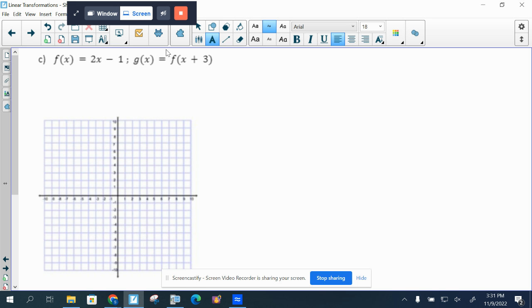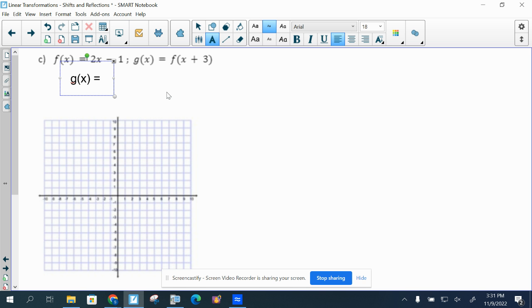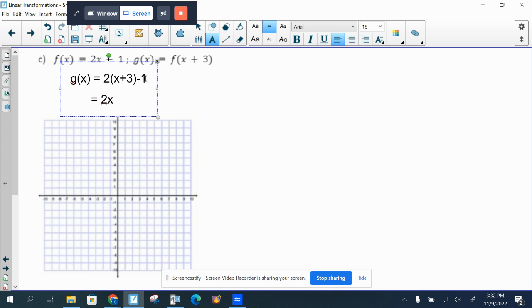For part C and D, these questions are horizontal shifts because the number is in parentheses, and remember it would be the opposite. So let's write down the new equation. So 2, and then instead of x, I plugged in x plus 3 minus 1, which would be 2x plus 6 minus 1, which is plus 5.